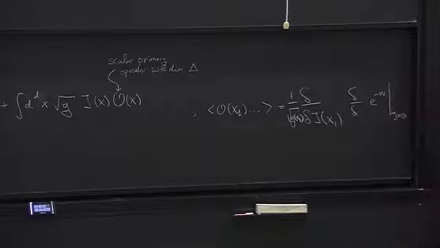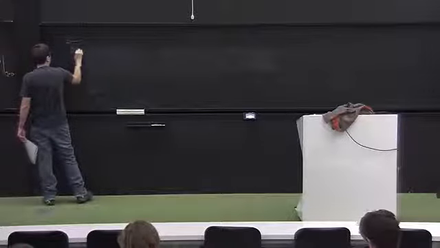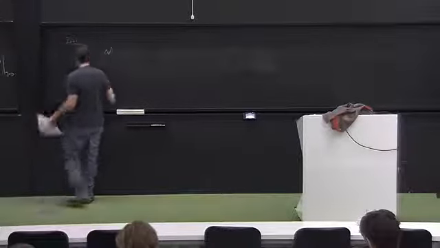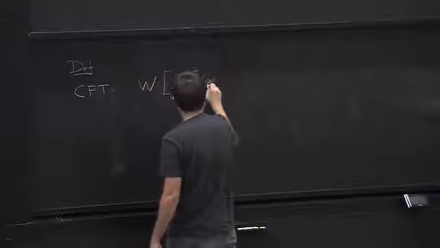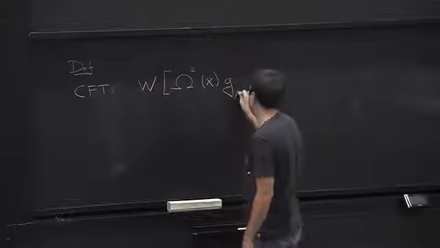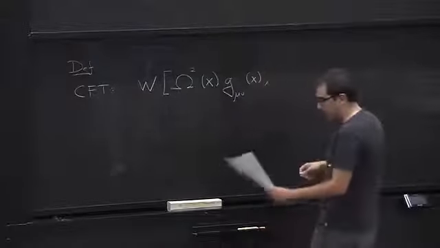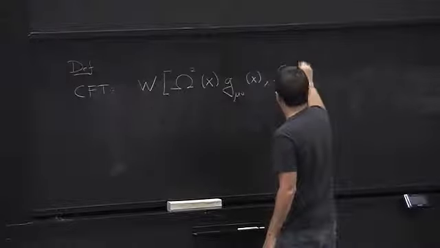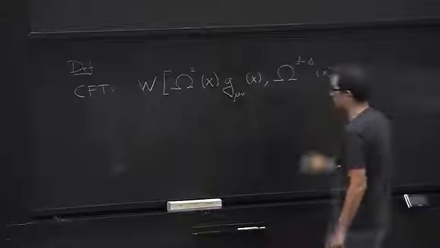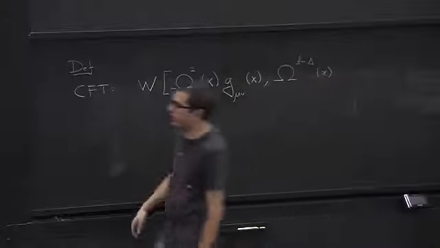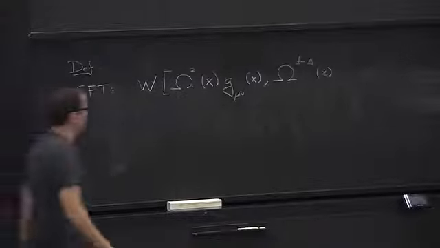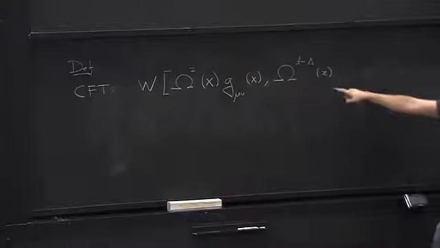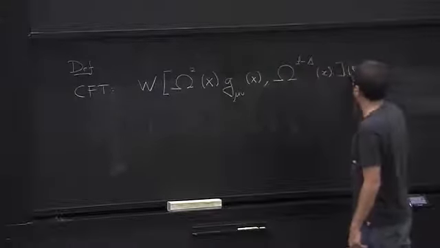So what is a conformal field theory? Definition. A conformal field theory is a theory where this quantum generating function, if you compute it not for the metric G but after making a local Weyl transformation, and you transform your current also, because the field O transforms with some omega to the delta, the measure transforms with some power, and the metric transforms with some power, so J of x needs to transform with some power.